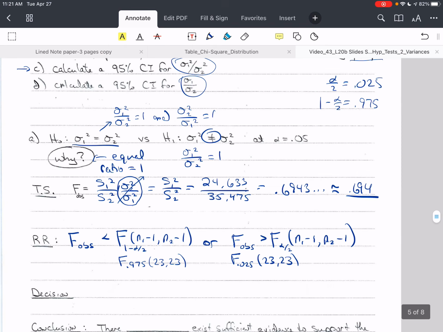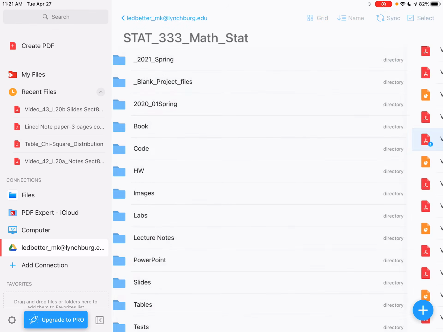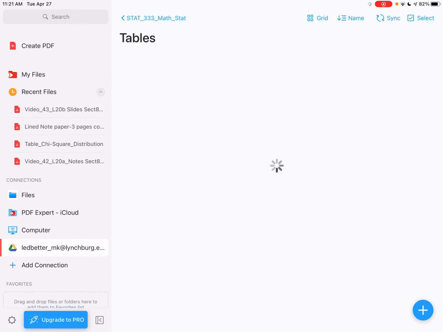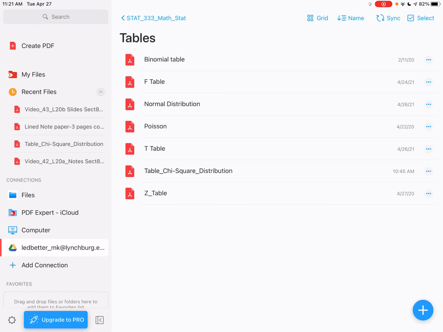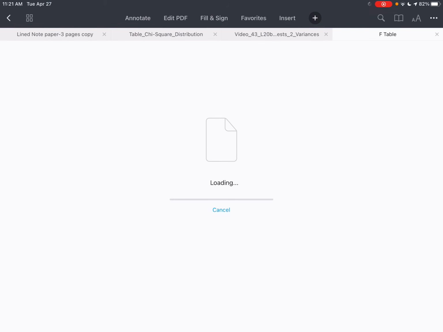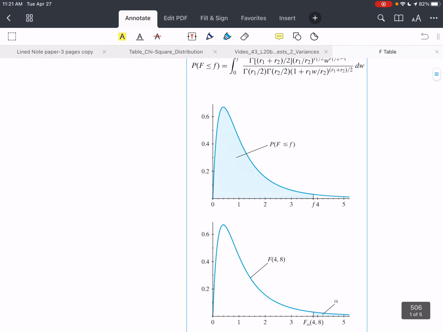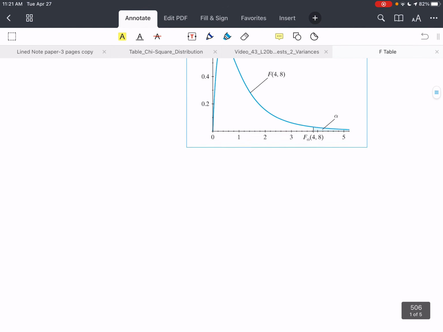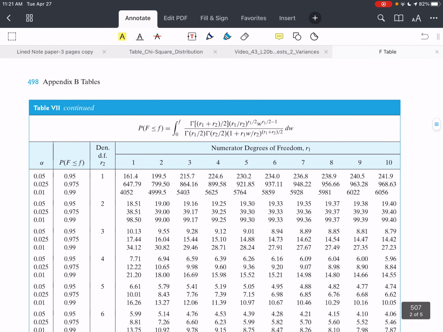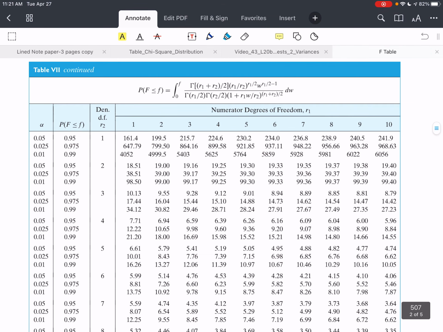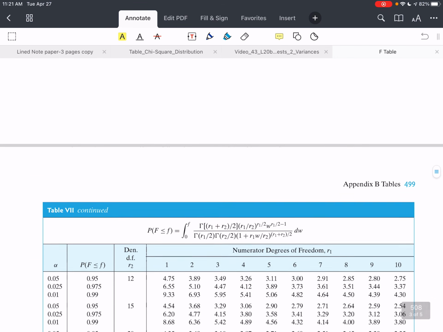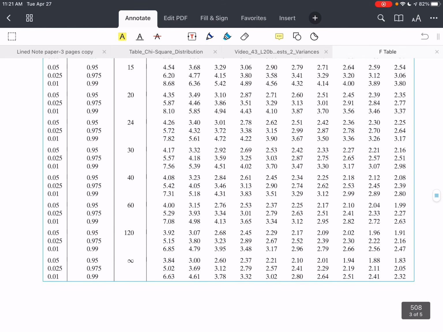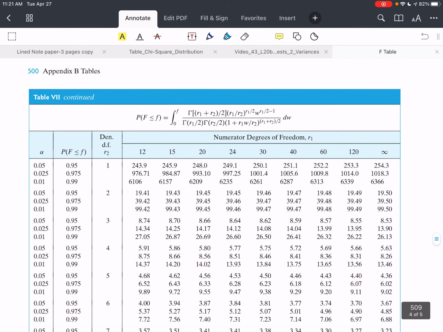Oops, that's not where I wanted. Let's go back to our tables, look at the F distribution, F table. Now, they have nice pictures here showing what's what, and this is the numerator degrees of freedom. It only goes up to 10 on the first one, so I need to keep going. Okay.